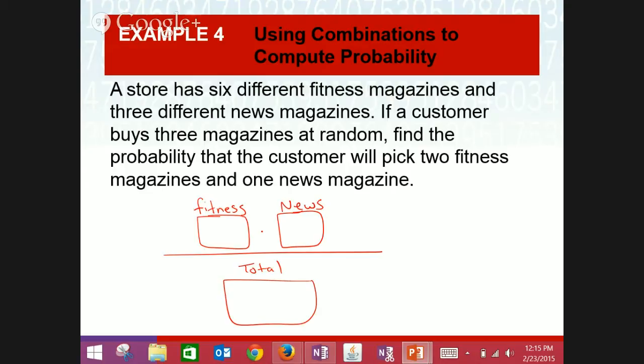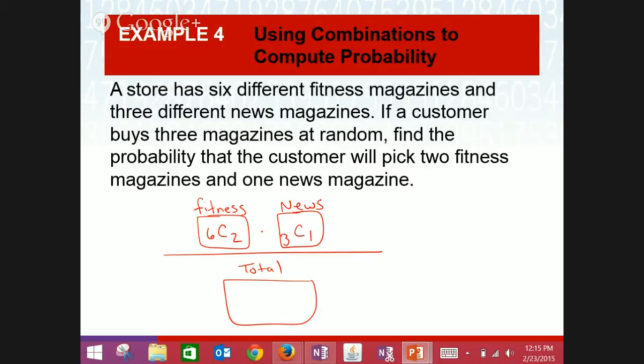So what would I put in the fitness box? 6 combination 2. Order here doesn't matter, so that tells me it's a combination. There's 6 fitness and I want to pick 2 of them. What would I put in the news box? 3 combination 1. Good.